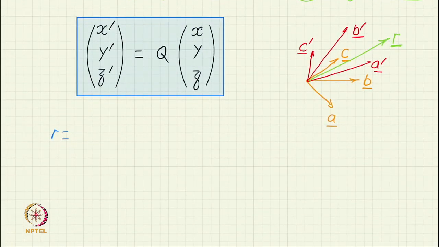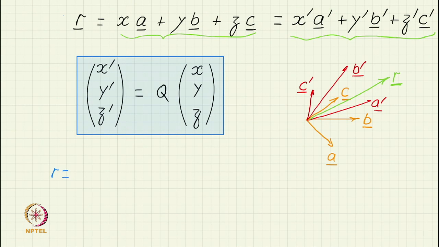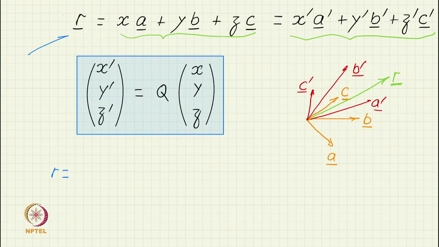Let us see. So, let us write this relationship as a product of a row and a column matrix. I write it as A, B and C as a row matrix and multiply it by a column x, y and z.